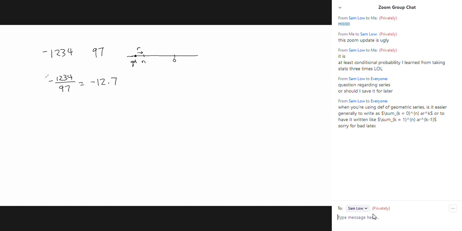So now when I take this floor function, it's the greatest integer less than this. Well, so I was at negative 12.7, so notice I have to go backwards to negative 13. Because I need to go to the left. I want the next integer to the left.